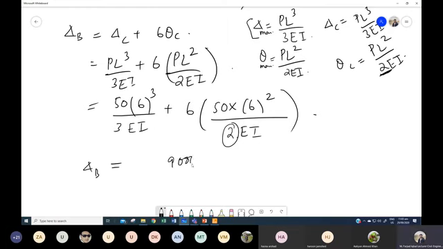So this deflection will be 9,000 over EI kilonewton meter cube. Right? So everyone got this answer, I hope.